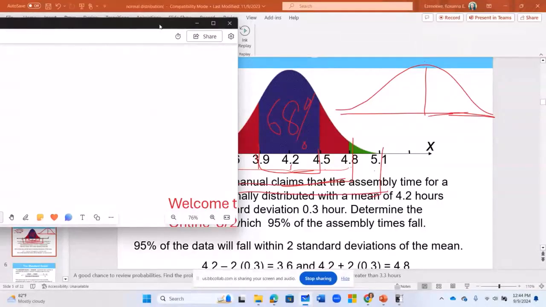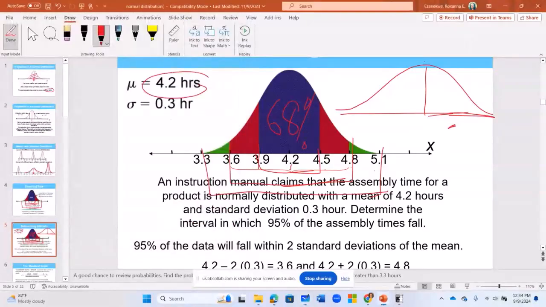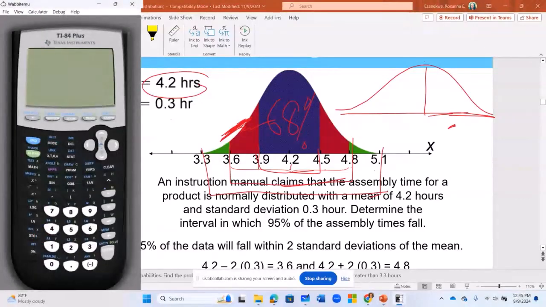So that's what I'm going to do now. I'm going to transform this one to standard normal. This one right here is already a normal curve. It's not a standard normal because the numbers are not standardized. Okay, so I hope it makes sense what I'm trying to do.